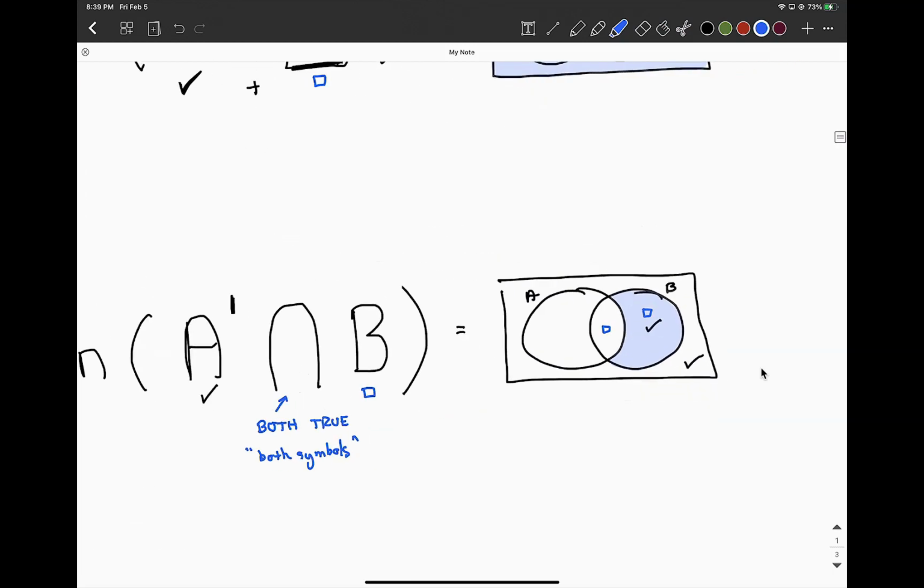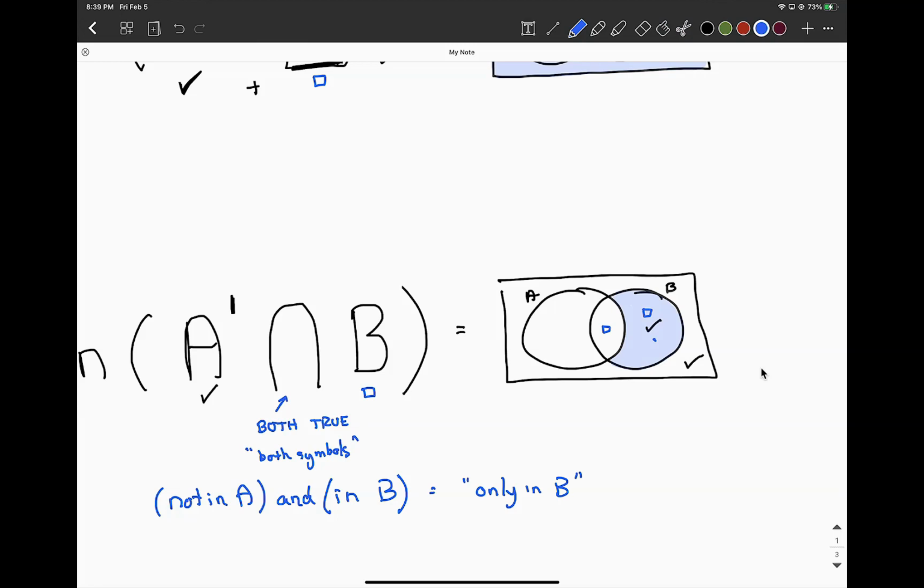Because if I read this in English, it has to be not in A, and it has to be in B. Not in A and in B. Well, that's the only region that matches all that then. It has to be in B, but it can't be in A. So it's essentially, quote unquote, only in B would be another way to describe that.